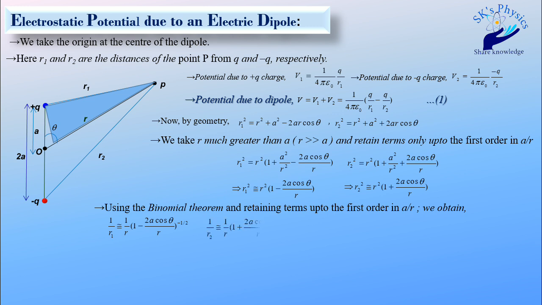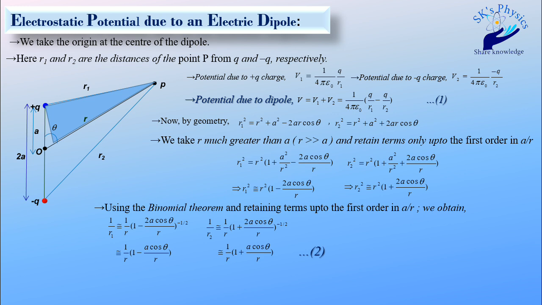Similarly, 1 upon r2 is nearly equal to 1 upon r times 1 plus 2a cos theta by r raised to minus 1 half. So 1 upon r1 is nearly equal to 1 upon r times 1 minus a cos theta by r, and the same thing, 1 upon r2 is nearly equal to 1 upon r times 1 plus a cos theta by r.